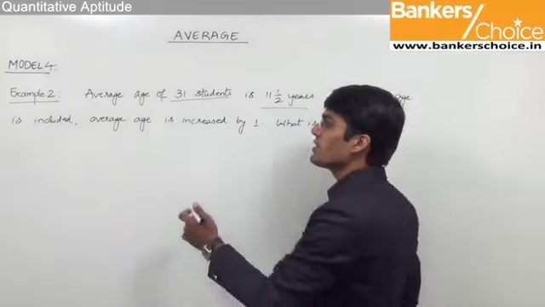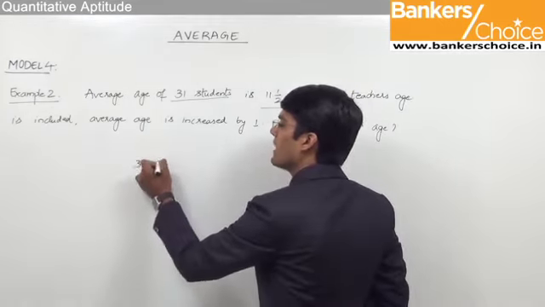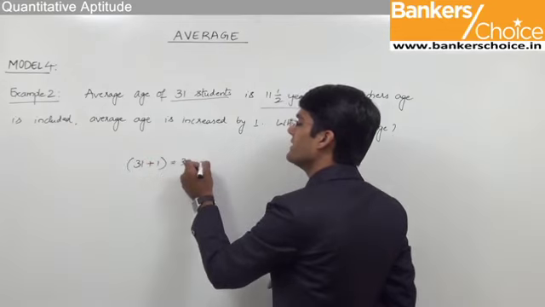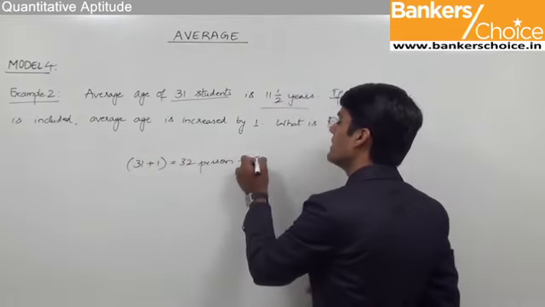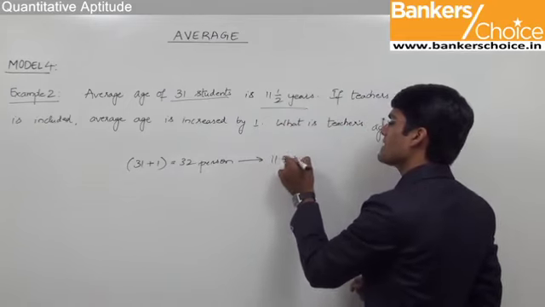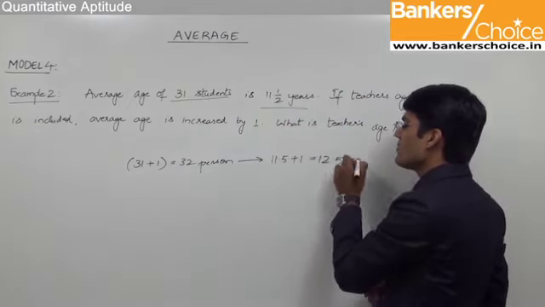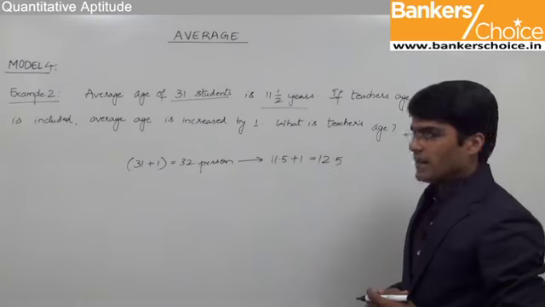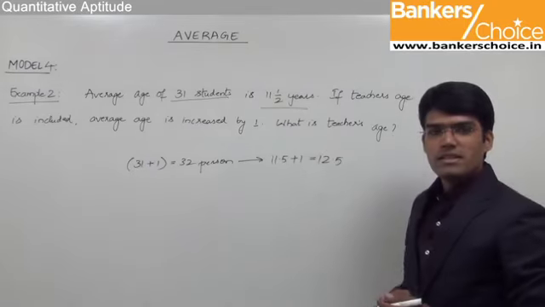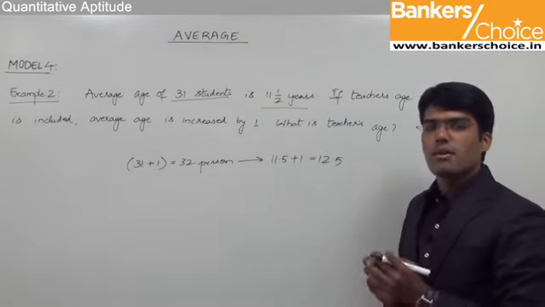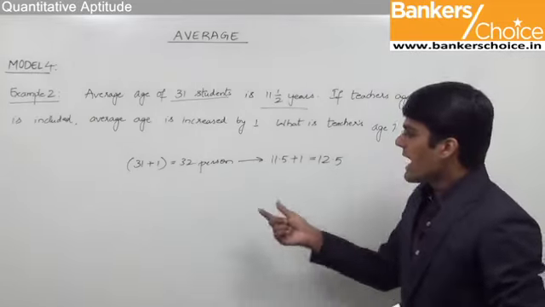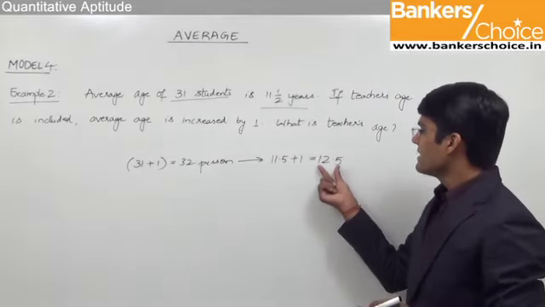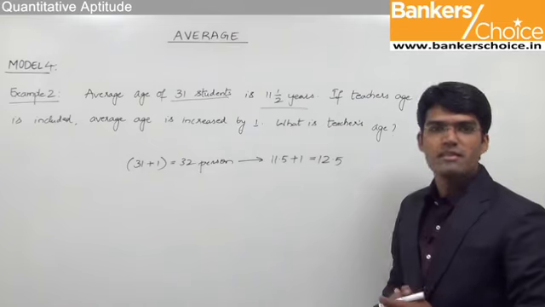So the new average for 31 plus 1, that is 32 persons, will become 11.5 plus 1, that is equal to 12.5 years. Now, to find the age of the teacher, we can simply use the concept of equal distribution. We know that for all these 32 persons, the age is 12.5 years each.